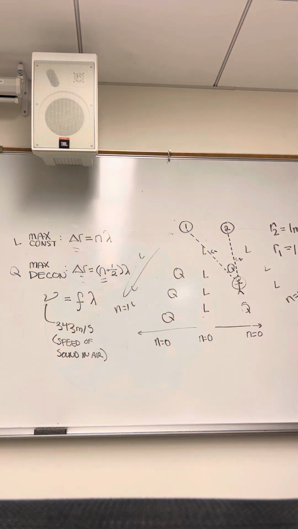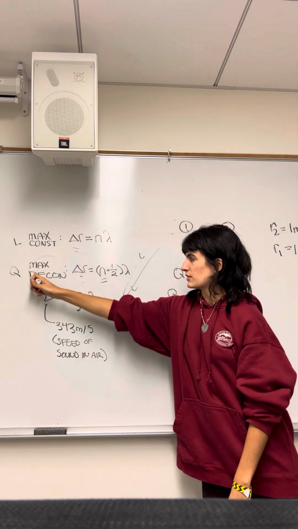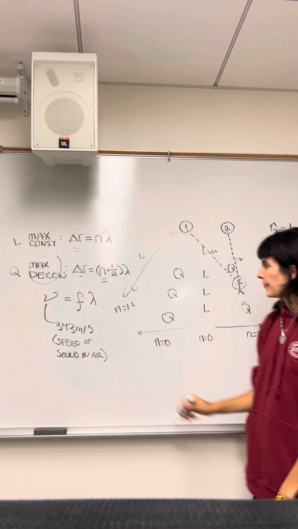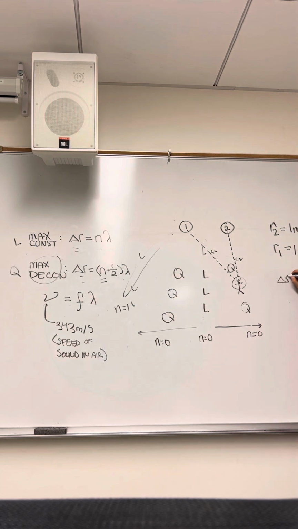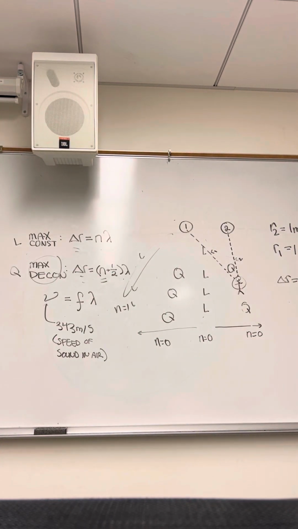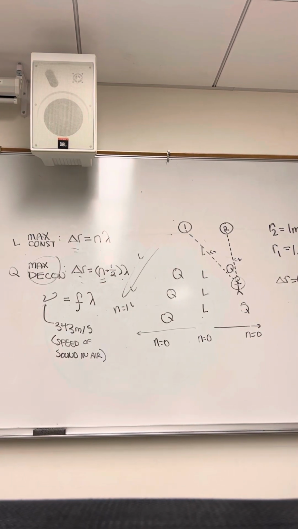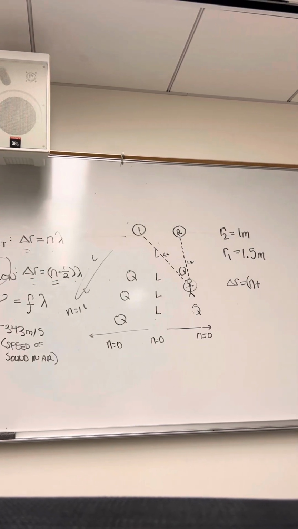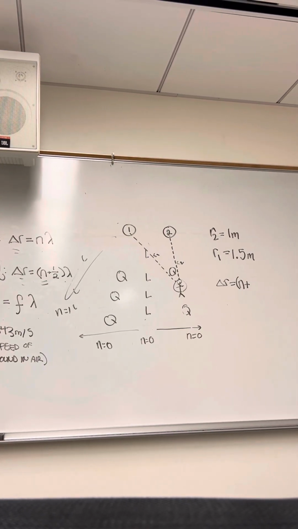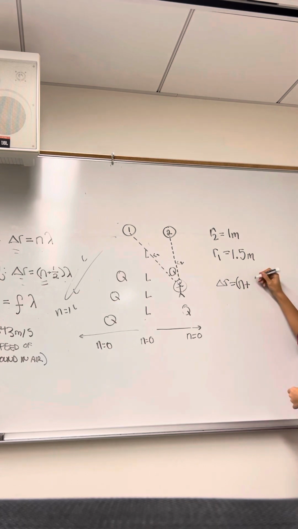Okay, so now I have my R2, I have my R1, and I have my n value. So now I'm going to go ahead and use this equation and solve for my lambda. So we have again, delta R equals n plus 1/2 lambda.